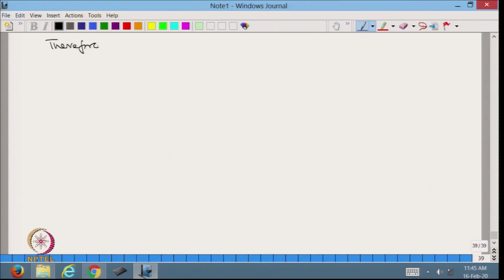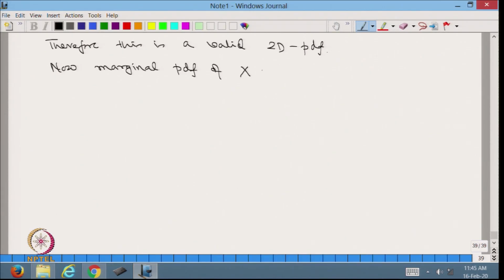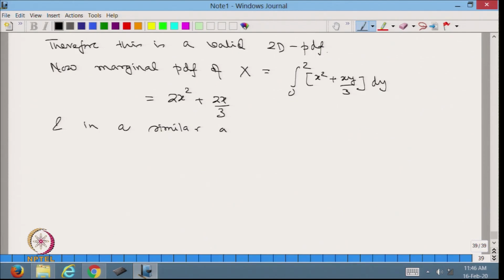Therefore, this is a valid 2D PDF. Now, our marginal PDF of x is equal to integration 0 to 2 of x square plus xy by 3 dy, which will come out to be 2x square plus 2x by 3, and in a similar way, integration 0 to 1 of x square plus xy by 3 dx will give the marginal PDF of y.